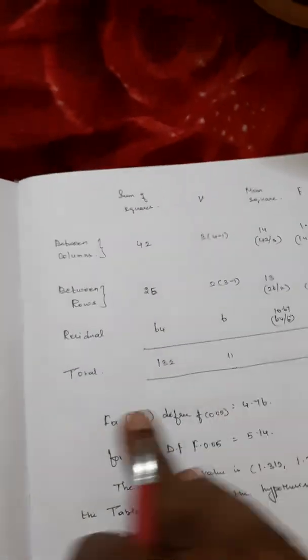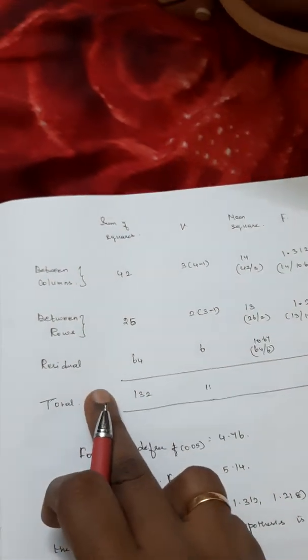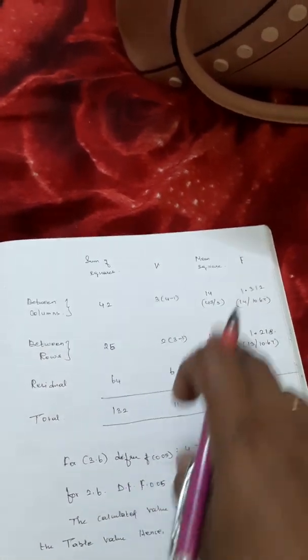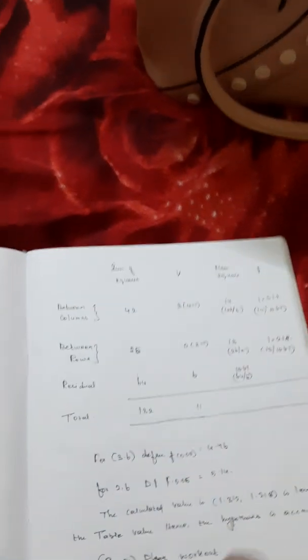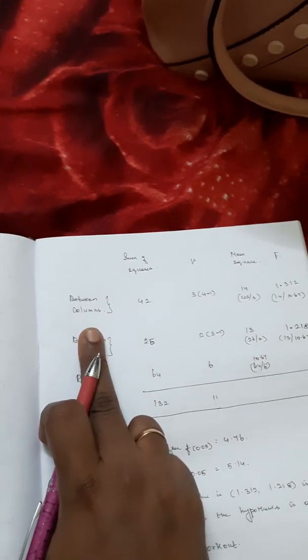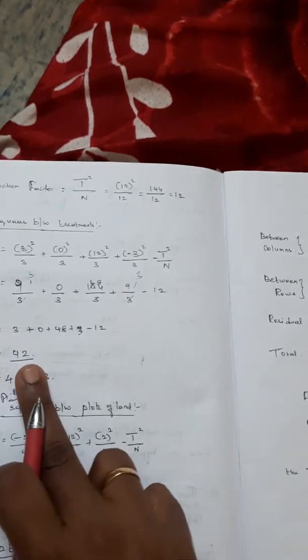Now come to the table. Here only we have a difference. The columns are sum of squares, degree of freedom, mean square and F value. Between columns we got 42.